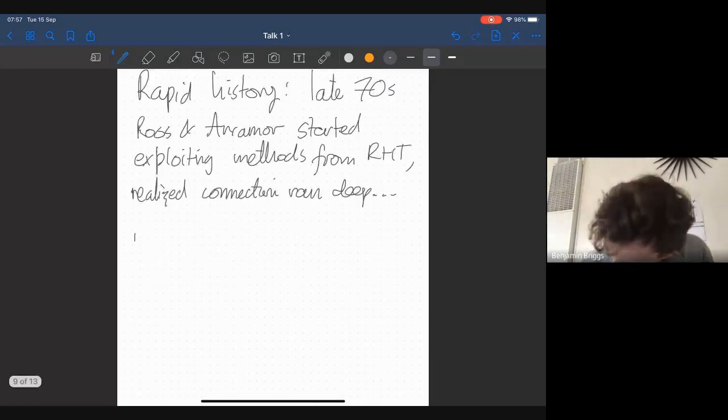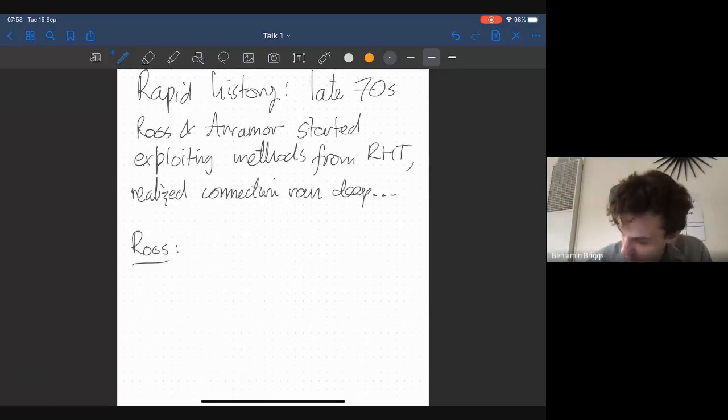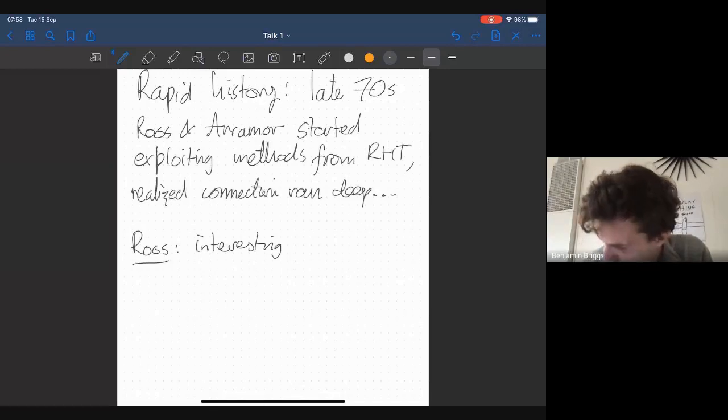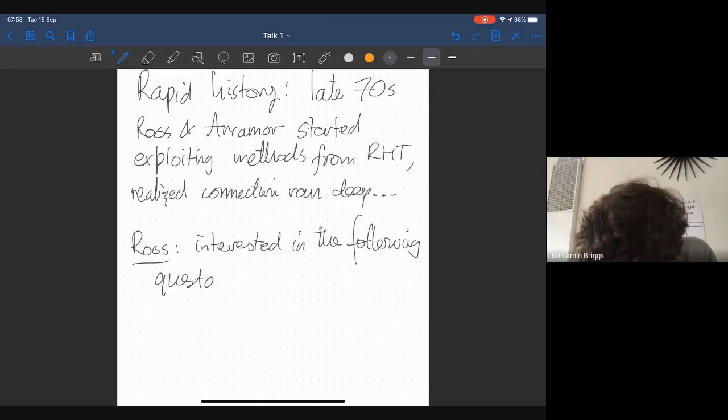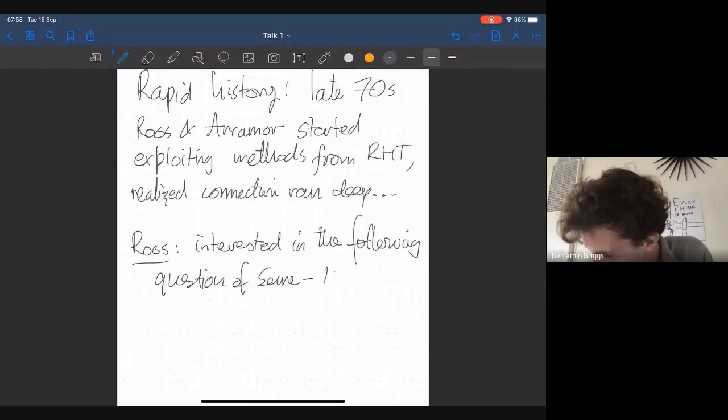So to be more concrete, Roos was interested in the following question of Serre and Kaplansky.